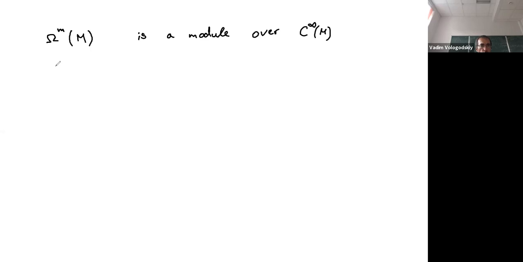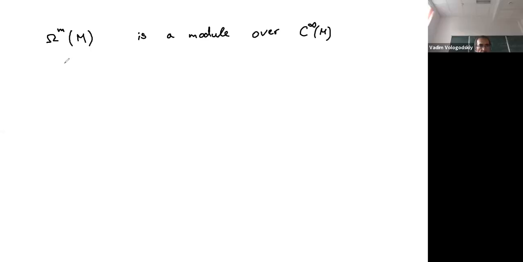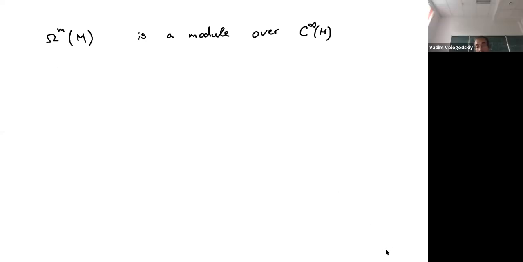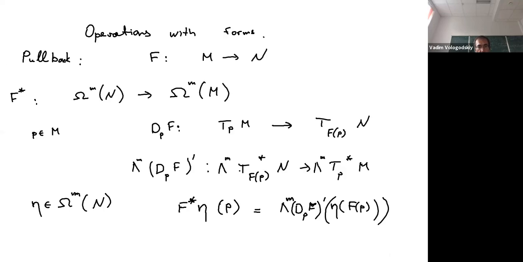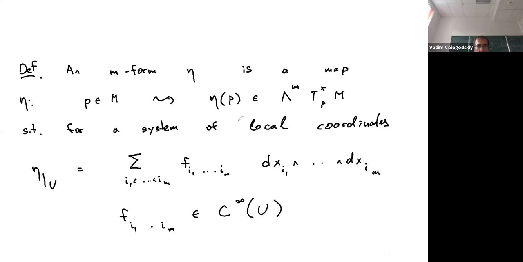But there is also an additional operation. I haven't yet used this terminology of modules and sections of vector bundles. For me, a one-form or m-form is a map that assigns to every point P an element here.